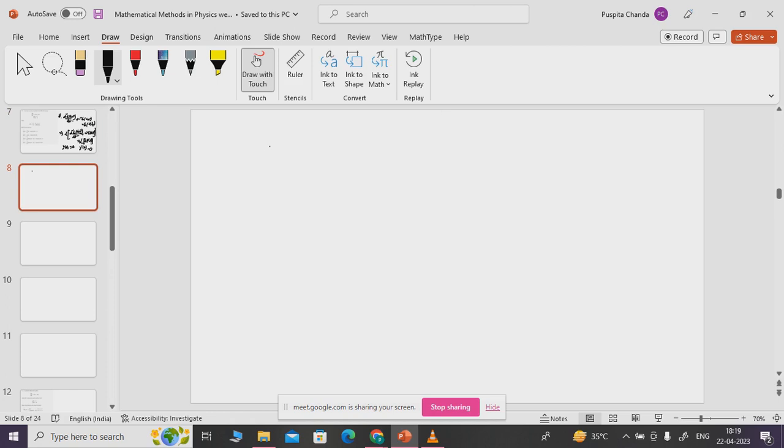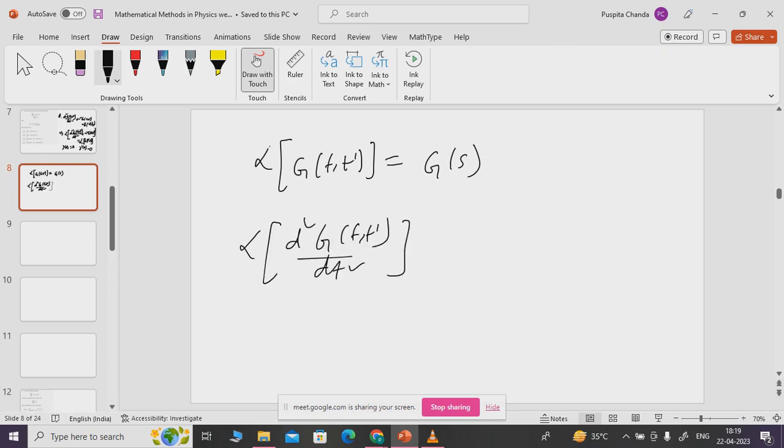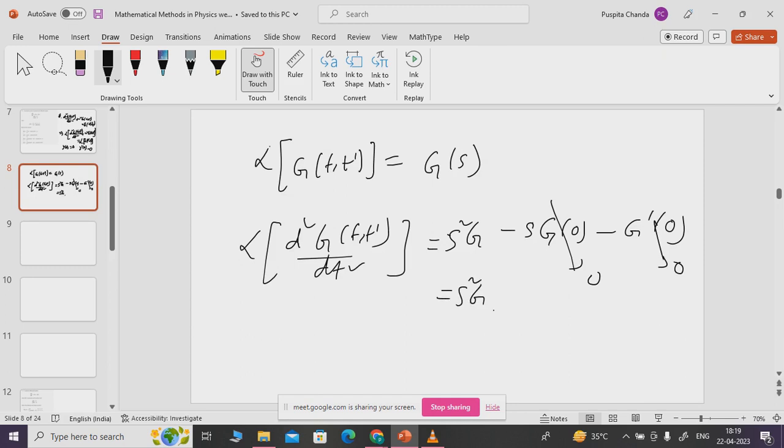So the Laplace transformation of G is s²G, since G(0) and G'(0), all these things are 0. And the Laplace transformation of δ(t'-t) is equal to e^(-st').